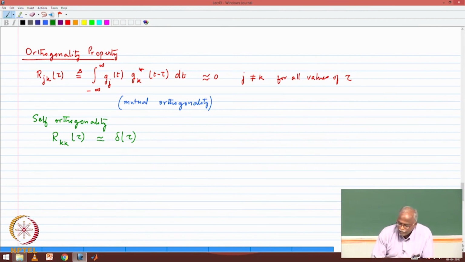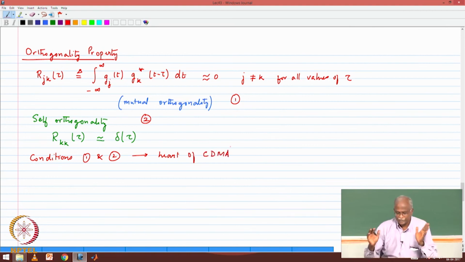So 1 being mutual orthogonality and 2 being self-orthogonality, these two properties are pretty much the heart of CDMA systems. Let me substantiate that statement with the following example, which has 3 parts.